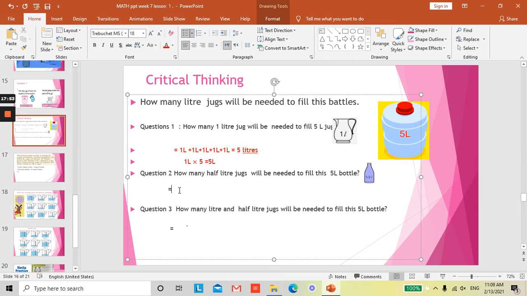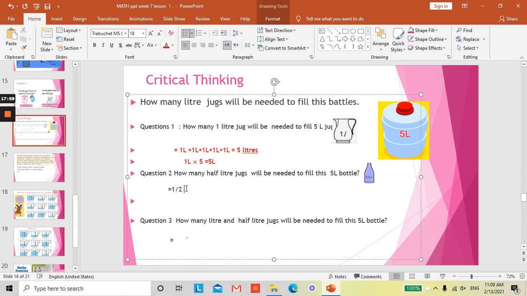So we need to make 1 liter first. A half liter, two half liters, so we need to put 2 times 2. That is 1 liter. We need to add another half.